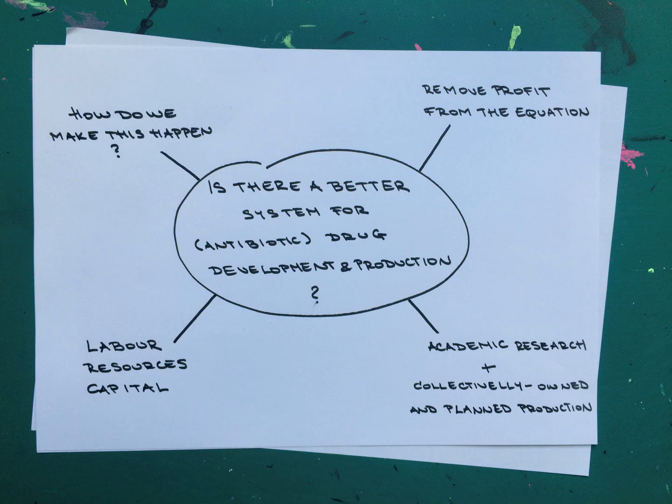So what I would suggest or propose is using academic research with collectively owned and planned production. Let's break this down. So if we want to produce something, we need three factors. We need the labor, we need the resources, and we need the capital. So when it comes to labor or personnel, people are there.